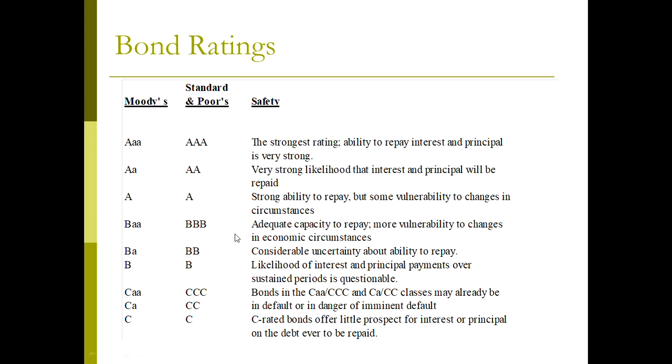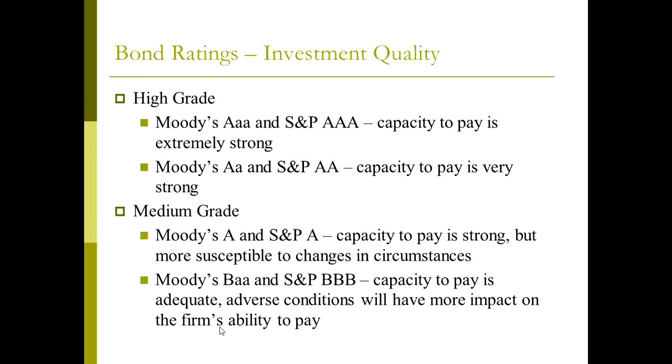But if you want to do a speculation, you want to try your luck, and you want to get some very high yield bond, below triple B, so double B and below, those are speculative bonds, or sometimes we call them high yield bonds.